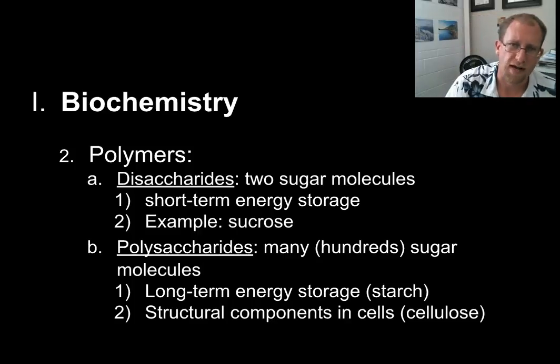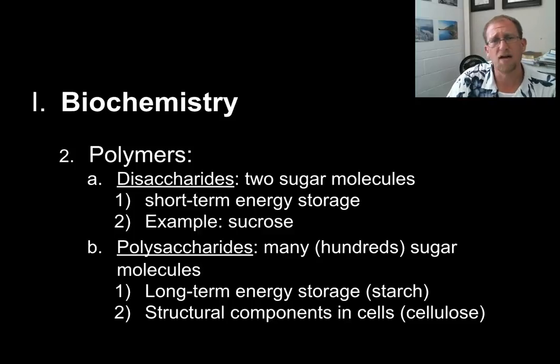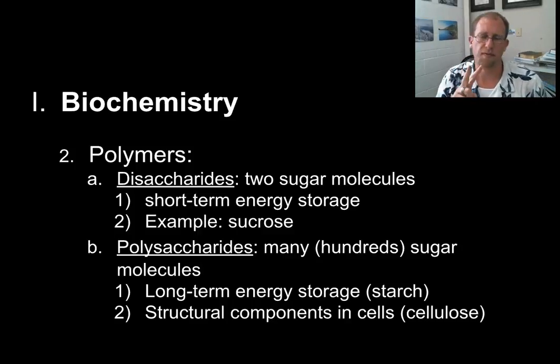And then there are polysaccharides that have not just three, but like thousands, tens of thousands, hundreds of thousands of sugar molecules all strung into a fiber. And there are two ways of doing that. Plants tend to be the ones that make really complex carbohydrates like polysaccharides. Animals almost never make polysaccharides.